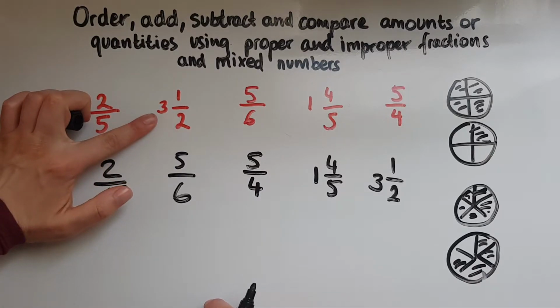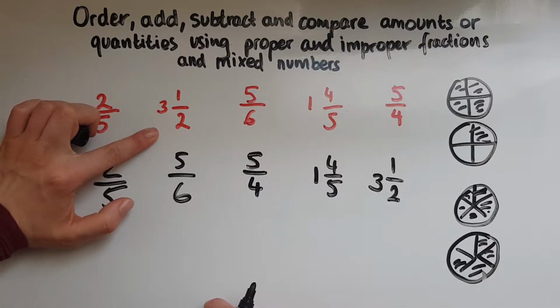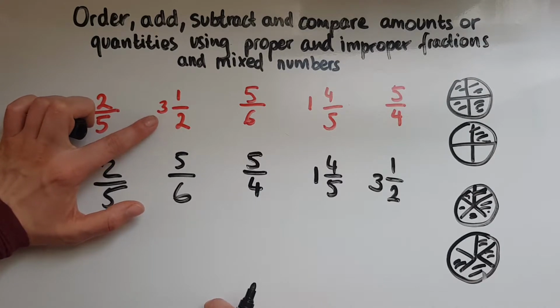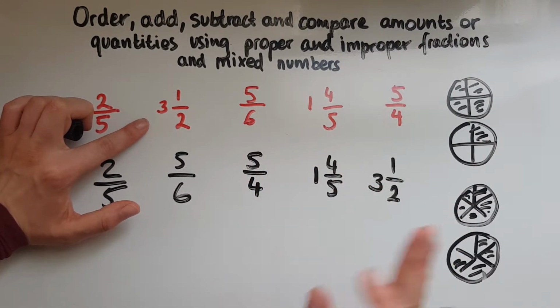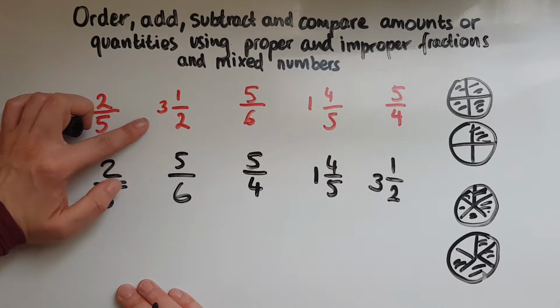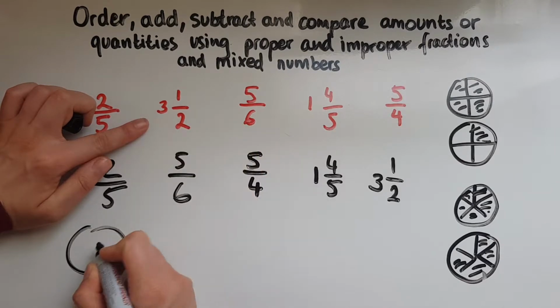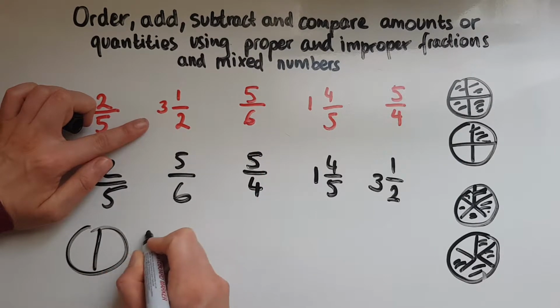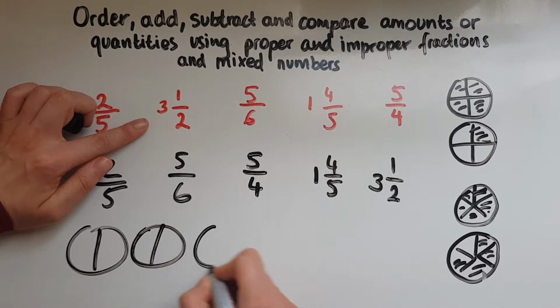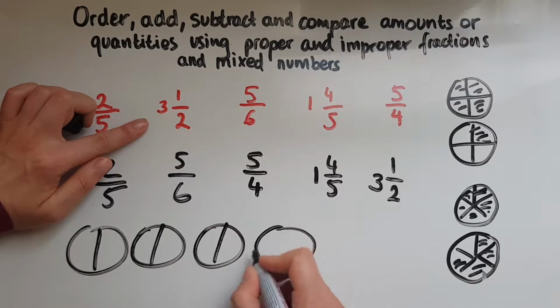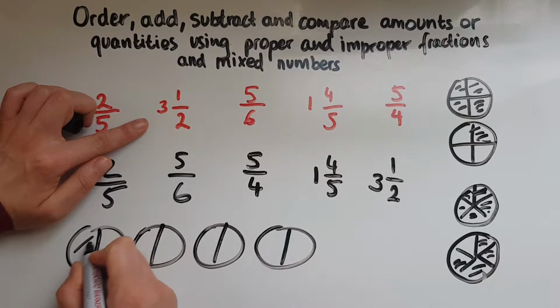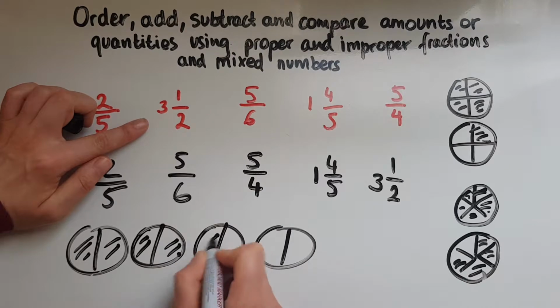So 3 and a half means they have 3 lots of whole pizzas or whatever you're talking about. So I'll show this as, because it's halves, 1, 2, 3, and I have a half there. So these are highlighted.